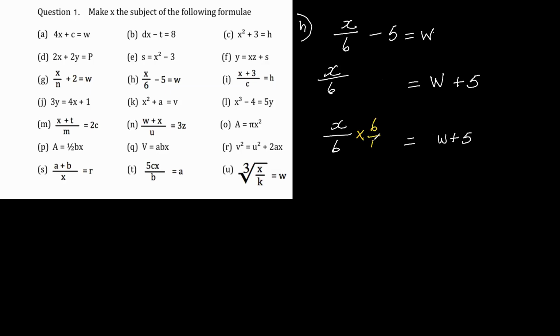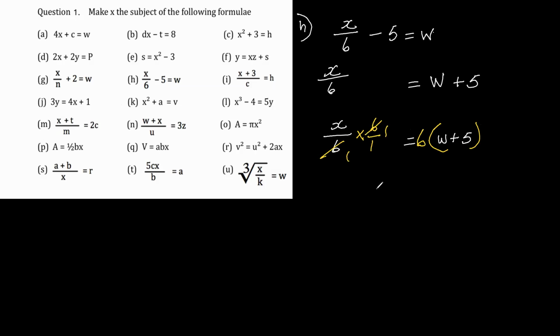I saw you doing that, but you have to do it like this. We're writing vertically, not horizontally across. So if I multiply by 6, I have to multiply by 6 here. 6 into 6, 1, 6 into 6, 1.